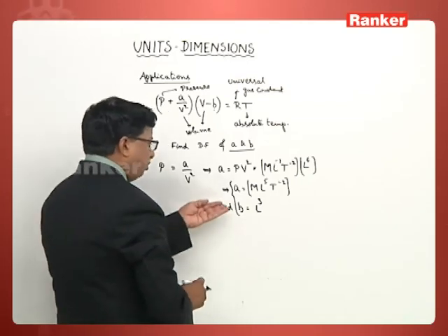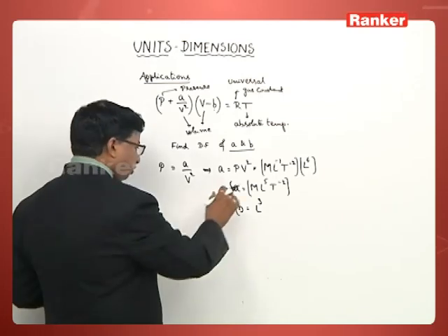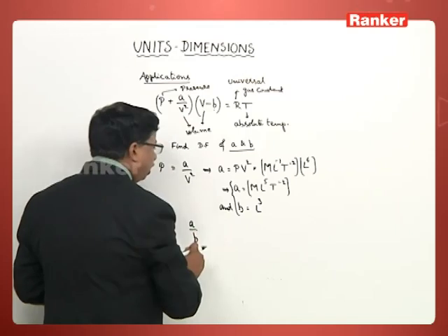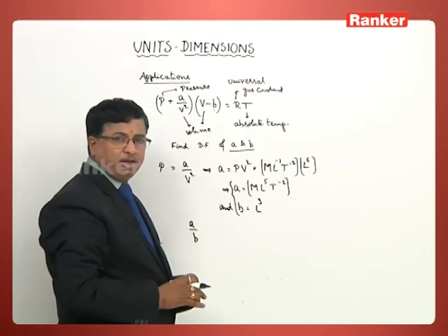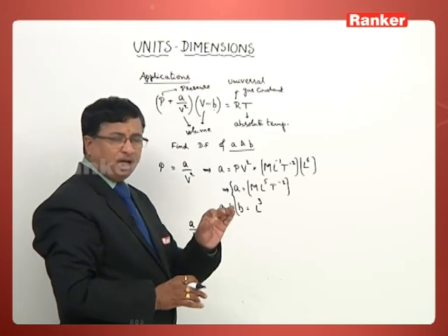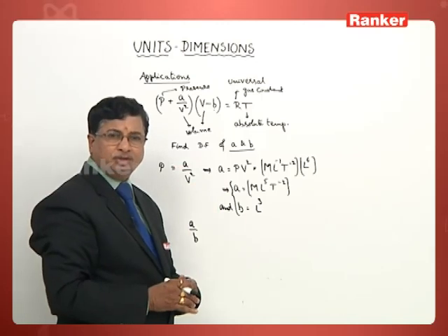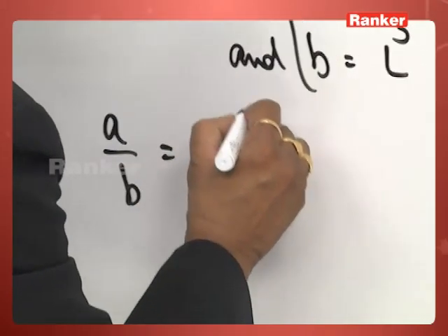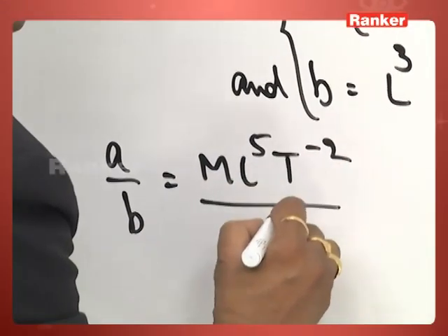Sometimes they may ask the question in a slightly different manner. A by B has the dimensions of what? A by B has the same dimensional formula as which physical quantity? You can directly see A is M L power 5 T power minus 2 by L cube.